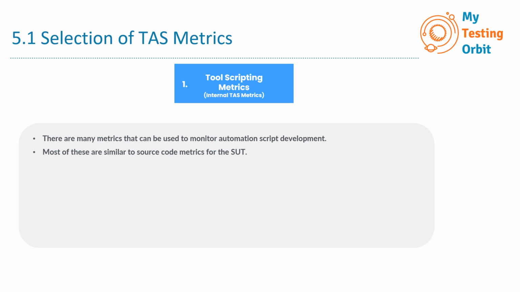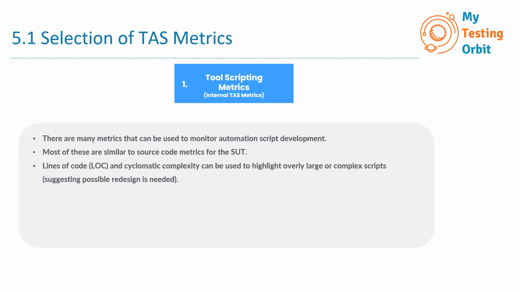In other words, the criteria for measuring automation script quality and the criteria for evaluating the quality of the application being tested share similarities. Lines of code, LOC, and cyclomatic complexity can be used to highlight overly large or complex scripts, suggesting possible redesign is needed.